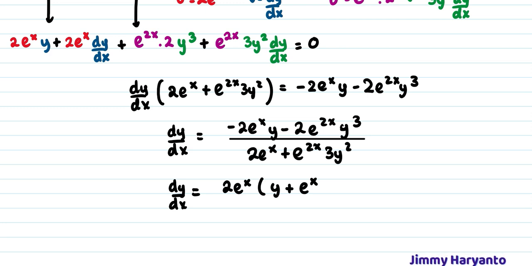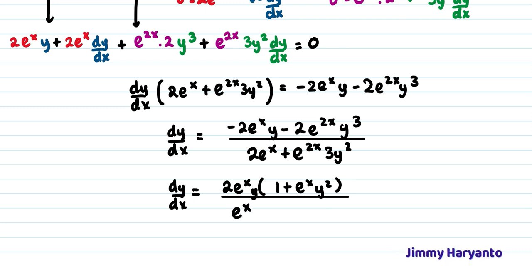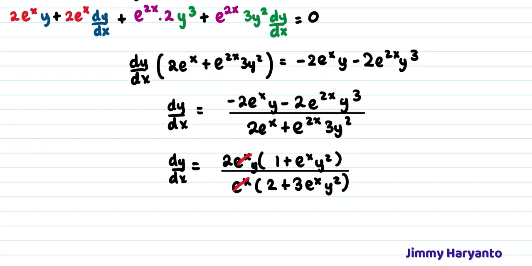Also the y can be factorized, that means this one is 1 plus e^x y squared over, for the bottom part we can factorize the e^x, you have 2 plus 3e^x y squared. Okay, and then you can cross out the e^x, so you'll have that one as the final answer.